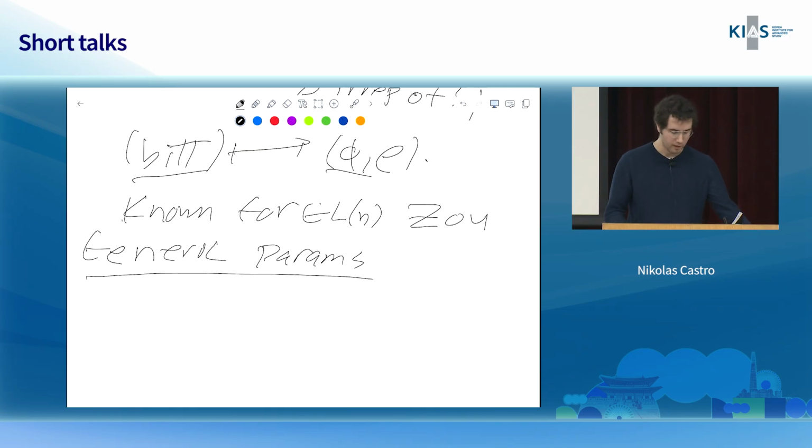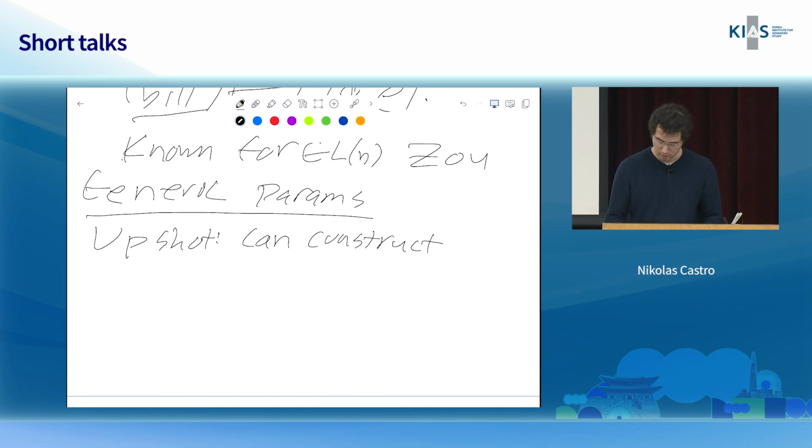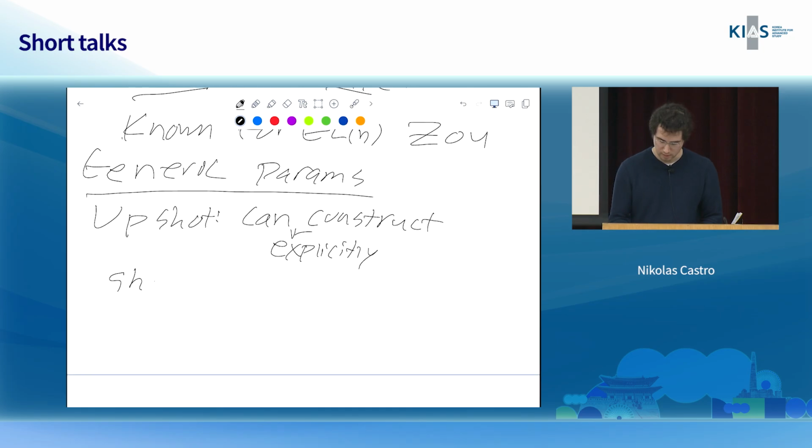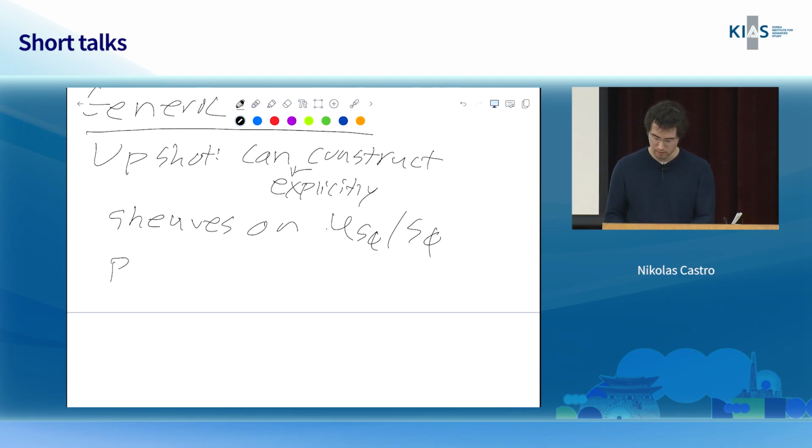So I'm going to kind of black box the main construction here. But the general upshot, I might need to define. Oh, no, okay. So the upshot is one can explicitly construct sheaves on U times the Vogel variety mod S phi.